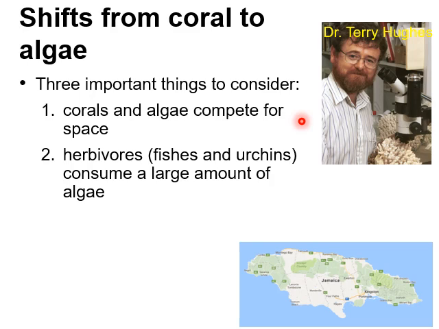So you can almost think of this as a similar scenario to what you learned about with the keystone predator Pisaster, the sea star. So you might remember from the competition lab you did, or from the rocky intertidal chapter, you learned that sea stars will eat mussels, and mussels compete with seaweeds for space.